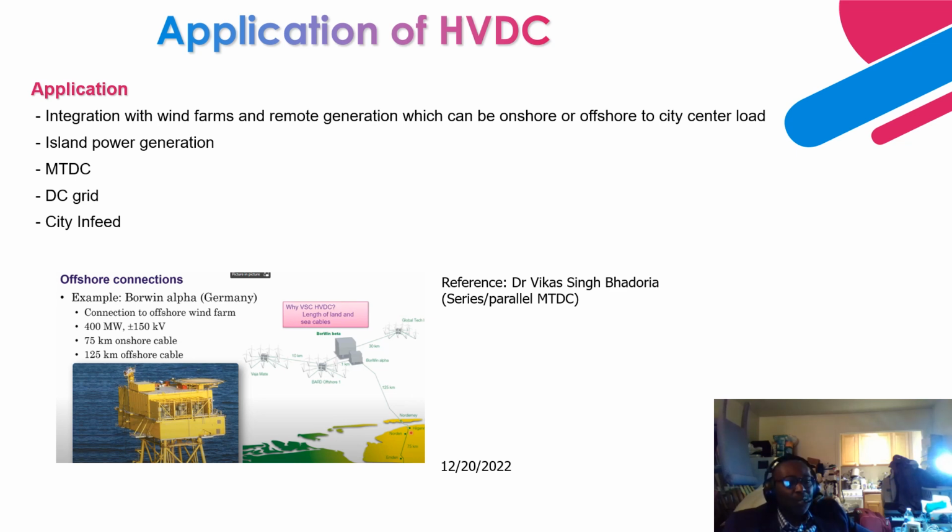Next, it can be used as a city infill. And what does that mean? As you know, if you have a city which is choked with population, space is just a premium. It's very difficult to build power plants. And most of the power plants are located in very remote locations.